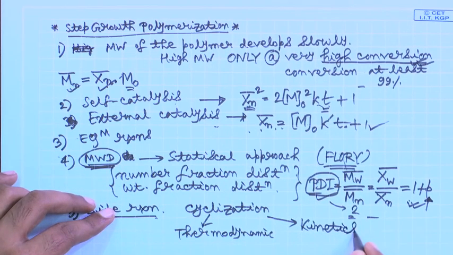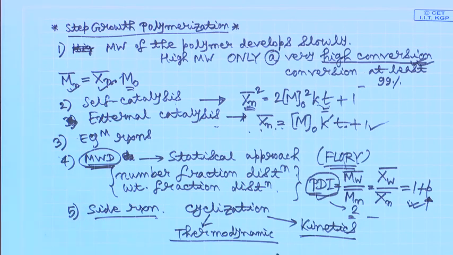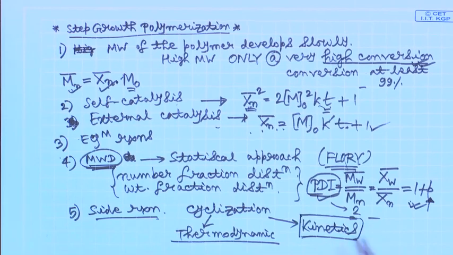If you are going to very big ring size, maybe the thermodynamics favors that, the stability is quite high, but the kinetics does not favor, because both ends of a long polymer chain have to come together, that probability becomes lower, because the polymer can have many more conformations in which the two ends do not come together than those conformations which will directly conform to the situation where the two ends will come together.